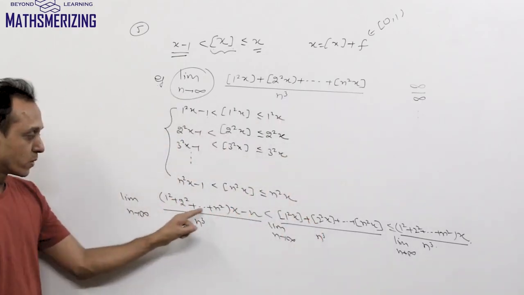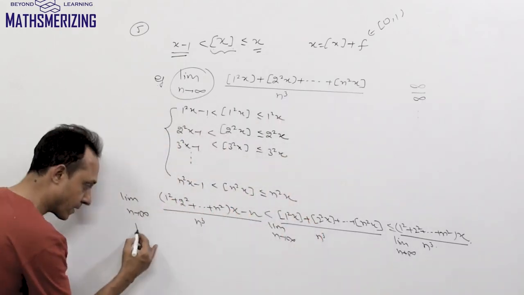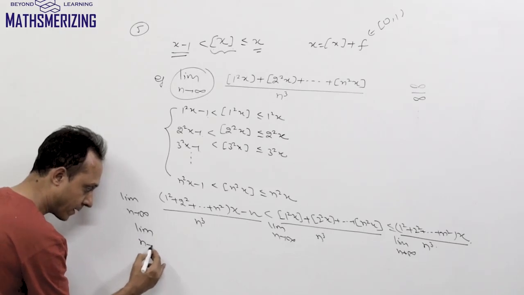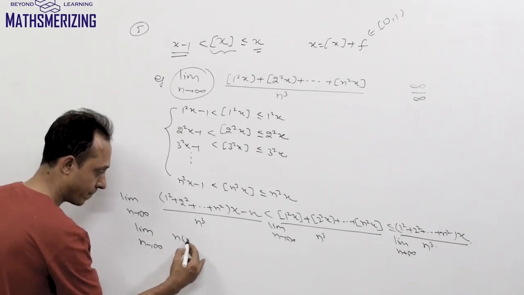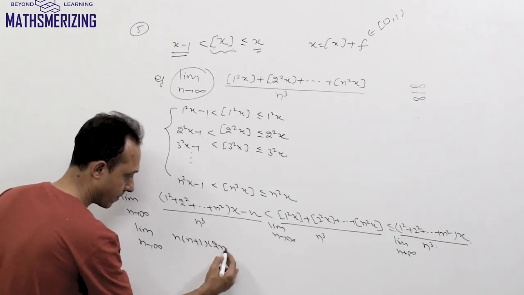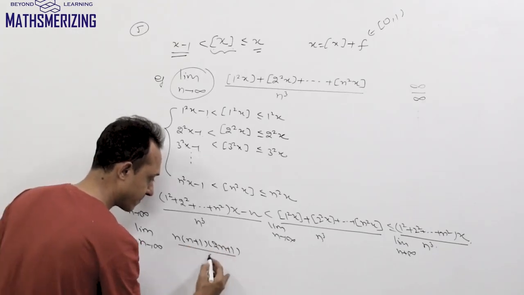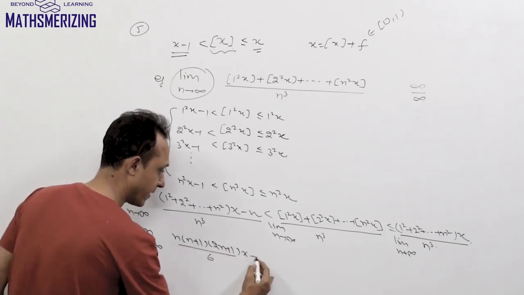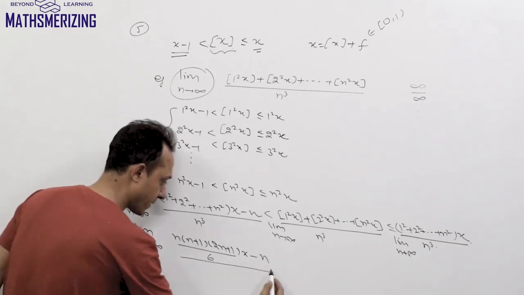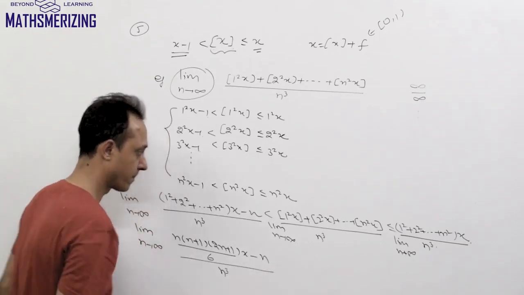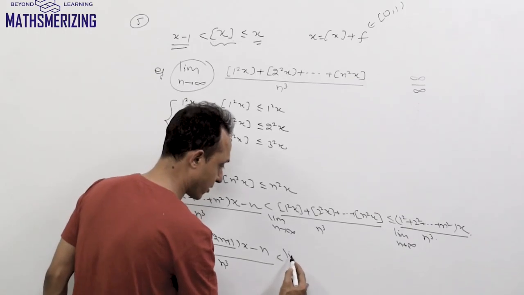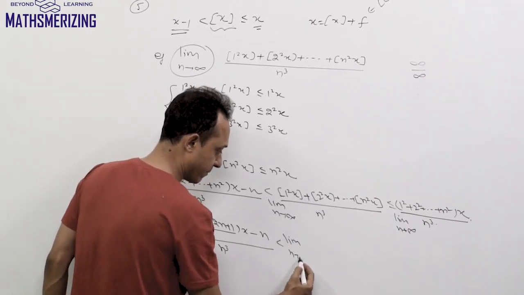Now 1 square, 2 square up to n square, this is nothing but limit n tends to infinity, n into n plus 1 into 2n plus 1 by 6 into x, and then minus n, whole divided by n cube. I'm not going to solve this limit.